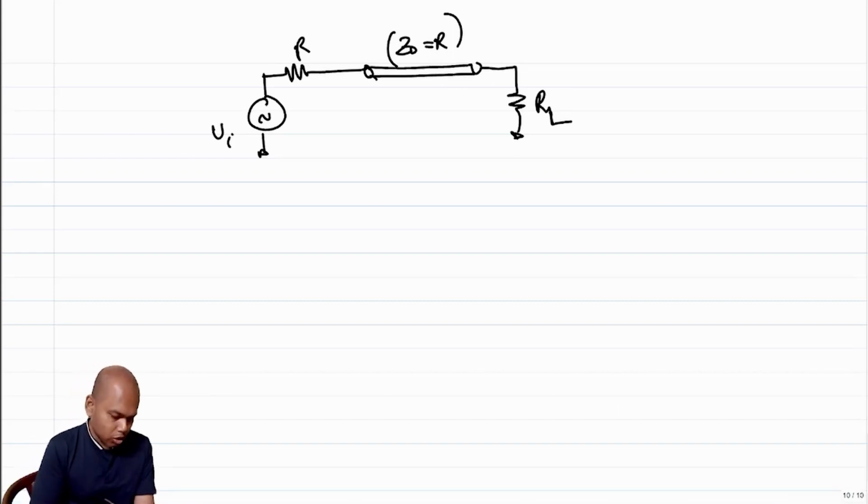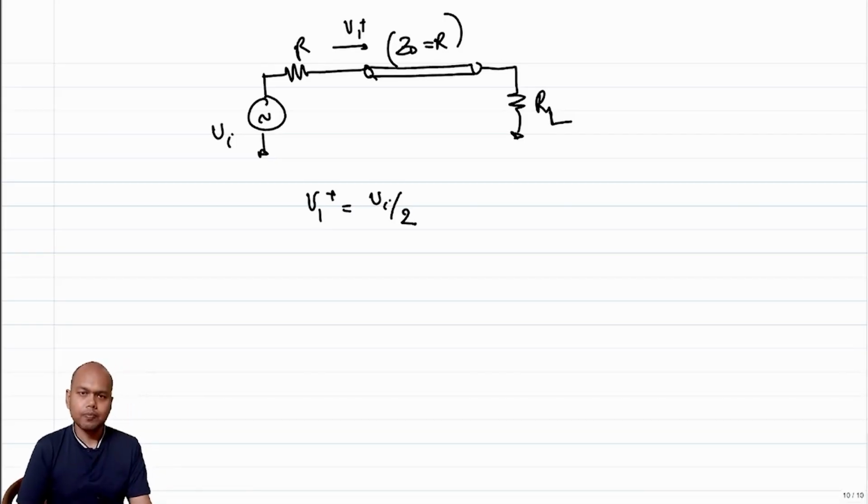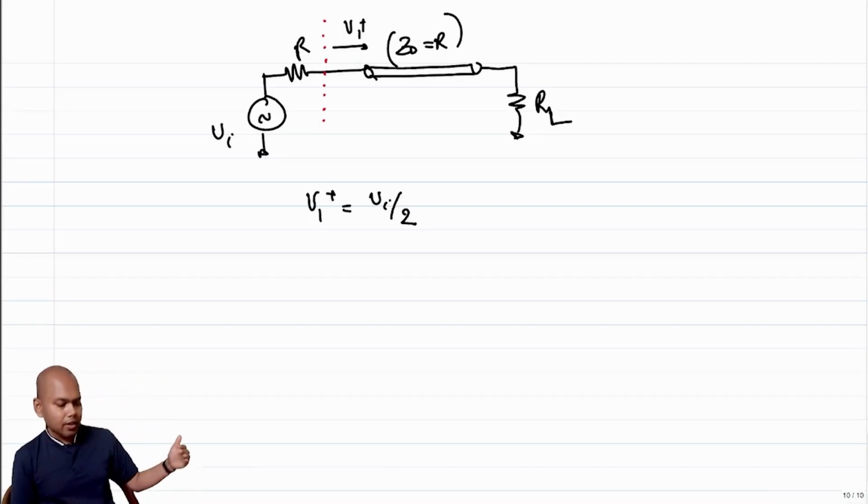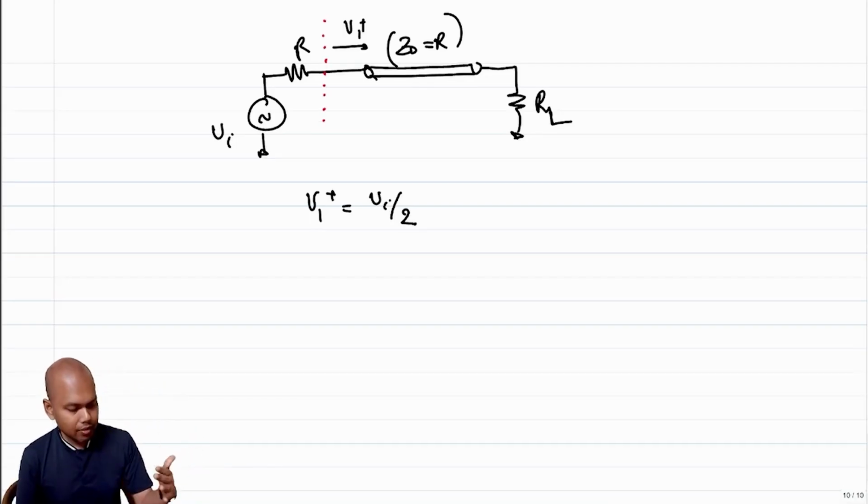Okay, so what is V1 plus? If you go back to the previous lecture, you will see V1 plus is equal to Vi by 2, right? Because at this interface, when the forward going wave gets launched from Vi, it sees a matched termination.